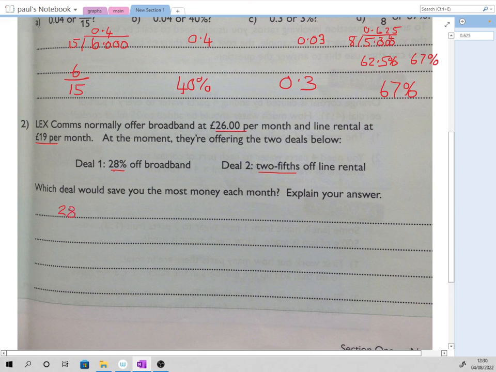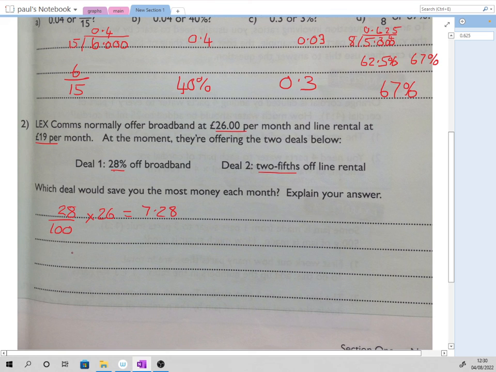So 28%, remember, done this before, times 26. We'll work out what that is. We can use a calculator. So 28 divided by 100 times 26 is £7.28.